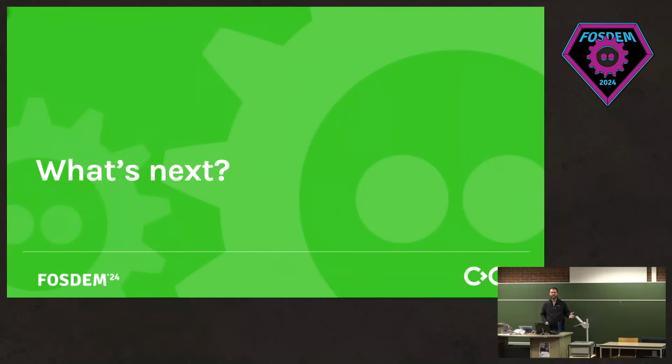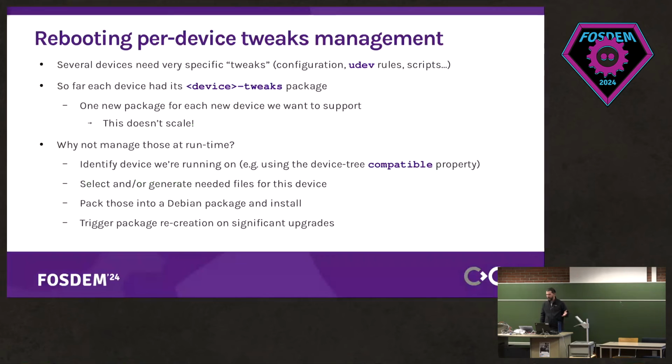Now what's next? We're trying to take a step further towards a universal image. So I've talked about the kernel issue, unifying all patches into a single kernel. But actually, there's all these little device-specific tweaks I mentioned earlier, which have to be handled. And until now, we have per device packages.